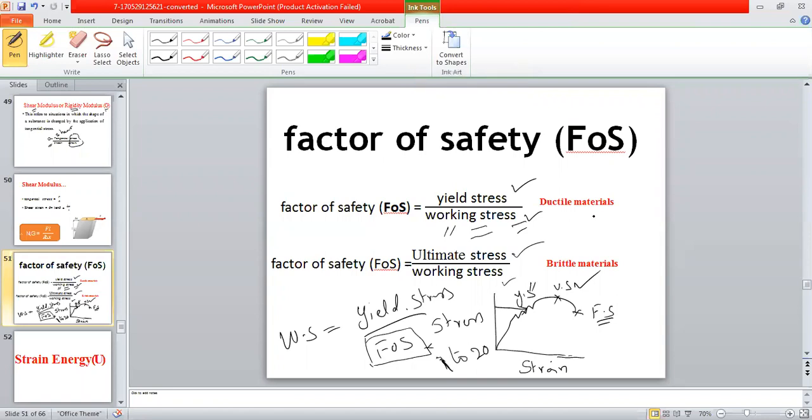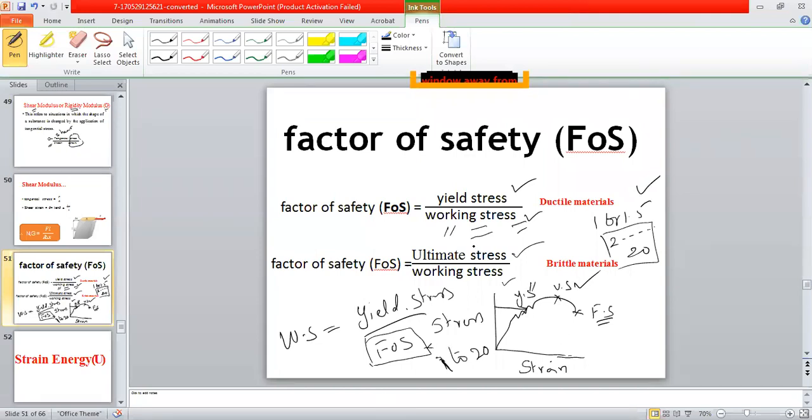It may be 1, or 1.5, or 2, something else, up to 20. As an engineer, we need to consider this numerical value, that is nothing but the factor of safety.